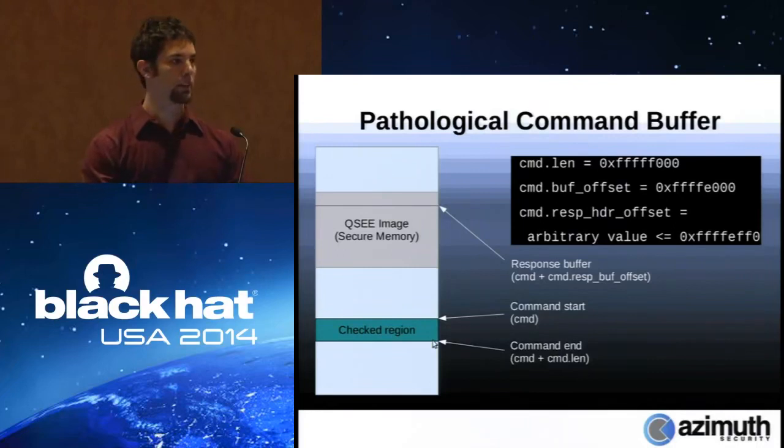Then, in the range checking function, these arguments will be reversed so that the range that is checked to guarantee that it is in non-secure memory is this region here, rather than the region starting at command and extending all the way to the end of memory, which is what it intended to do. As a result, we can actually set a response buffer offset to be anywhere in this region of memory, including on top of the QSEE image itself.